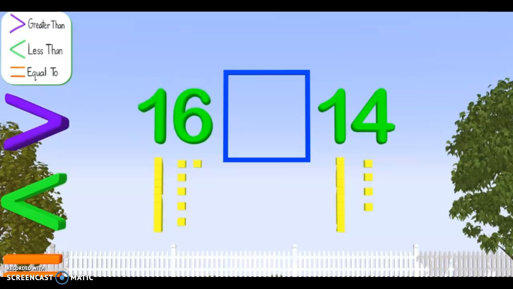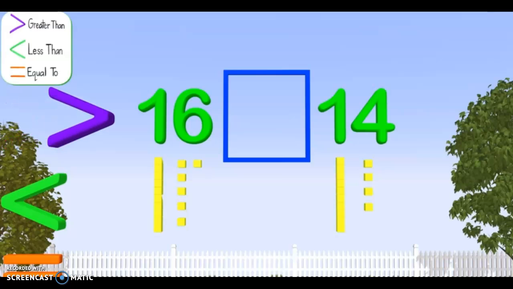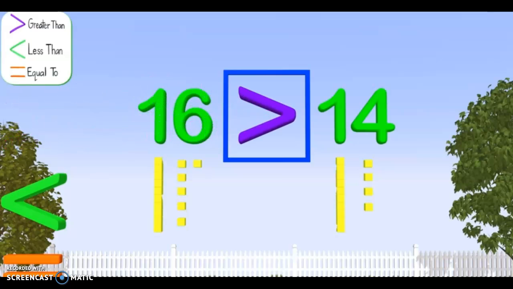The 16 is made up of 14. Problem from left to right. So we say 16 is greater than 14.